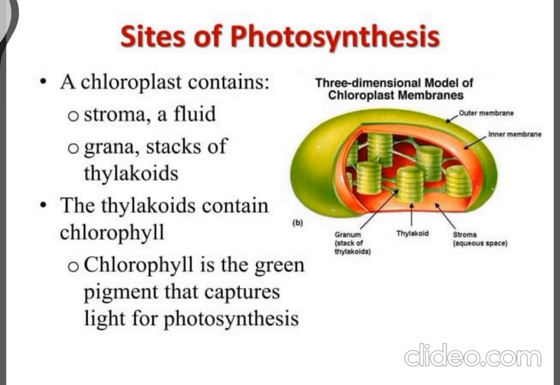Next, a chloroplast consists of the stroma, and the grana, which are stacks of thylakoids. The thylakoids contain chlorophyll. Chlorophyll is the green pigment that captures light for photosynthesis.